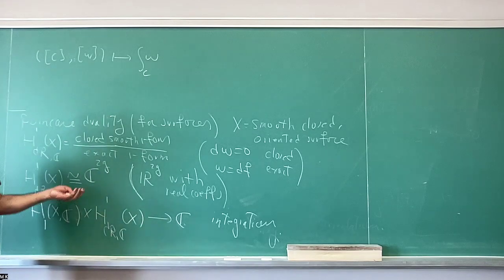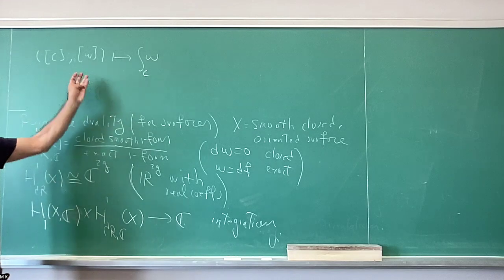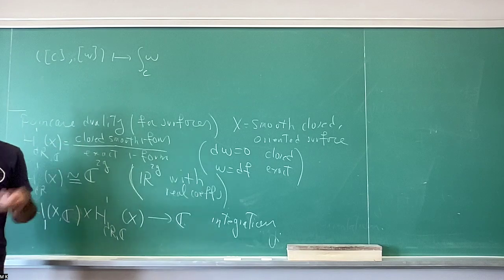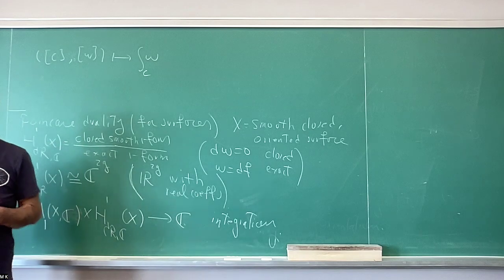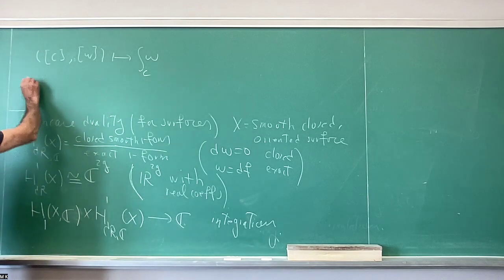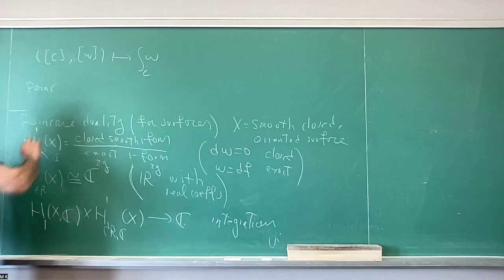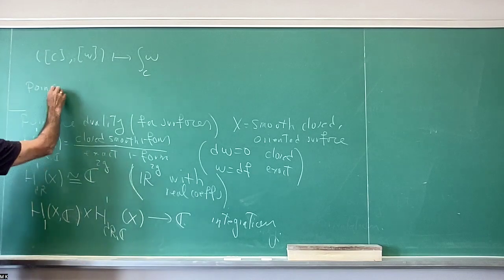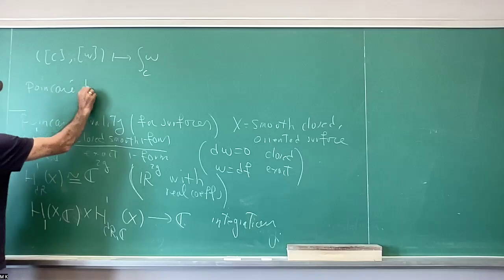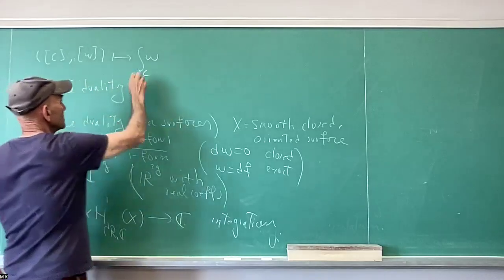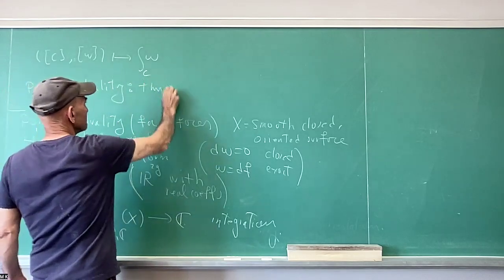So Poincare duality in this case says that this map is actually non-degenerate and is a perfect duality. A perfect duality means that it's a non-degenerate pairing. Poincare duality says that this pairing is non-degenerate.